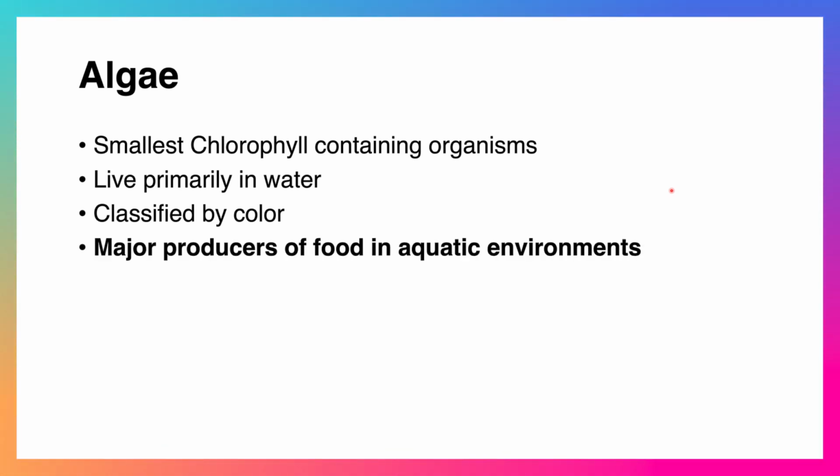They are extremely important environmentally because they are major producers of food, and they are frequently the first step or the bottom row of the food pyramid for a particular ecosystem.